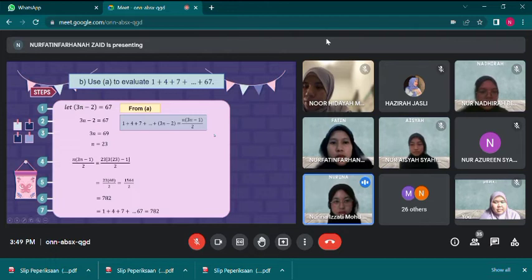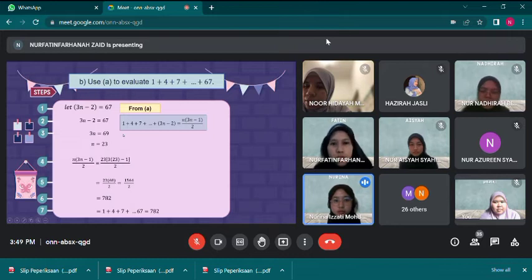For question B, the question is use A to evaluate 1 plus 4 plus 7 plus ... plus 67. So first step is let 3n minus 2 equal to 67.